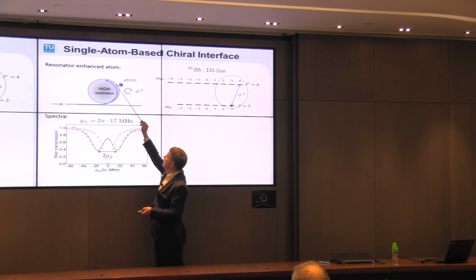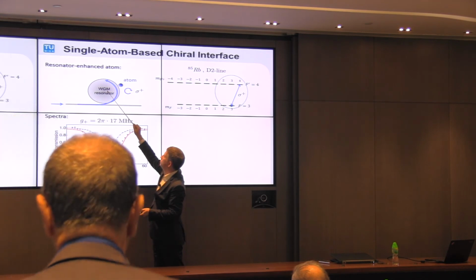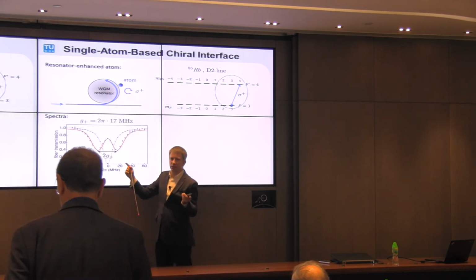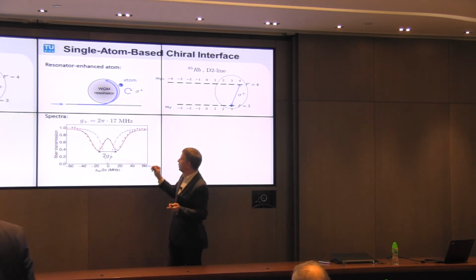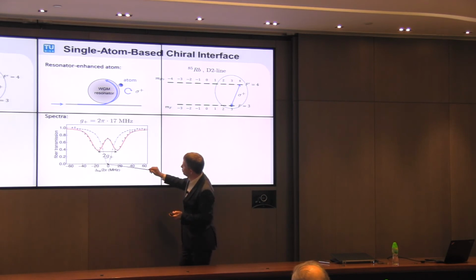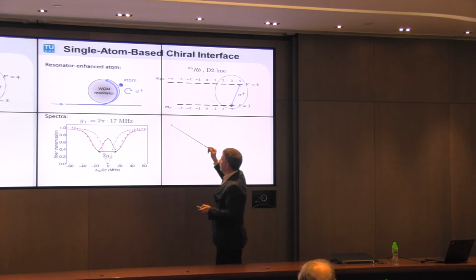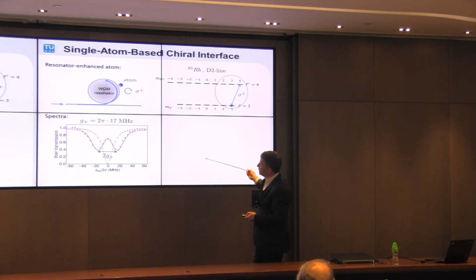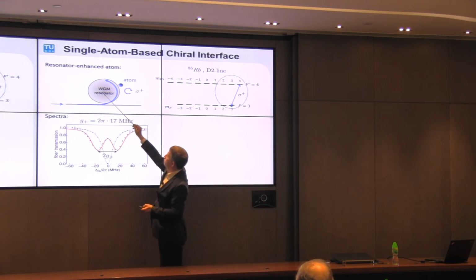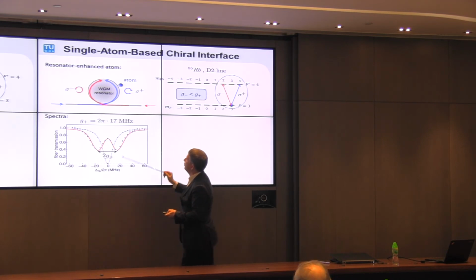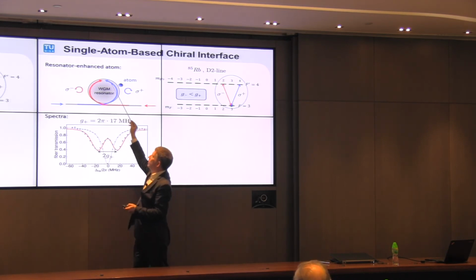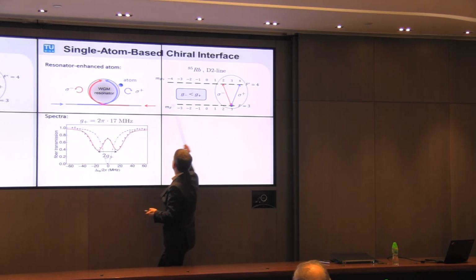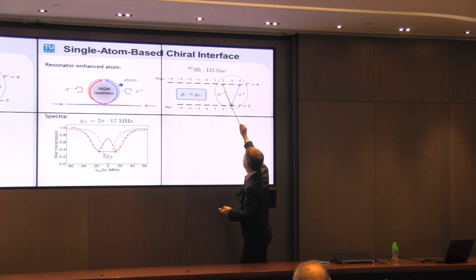The atom couples strongly to the whispering gallery mode and splits the resonance into 2 new eigenmodes, and I see that the transmission goes up at resonance here. If I now probe the same system, atom plus whispering gallery mode resonator, from the other side, however, then the light field will circulate clockwise in the resonator, the electric field will turn counterclockwise and drive this transition here.